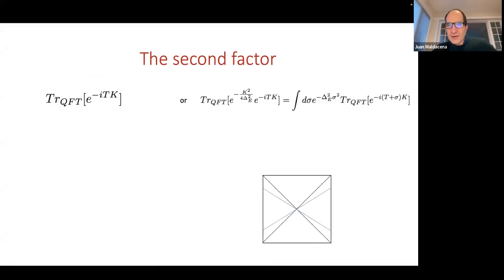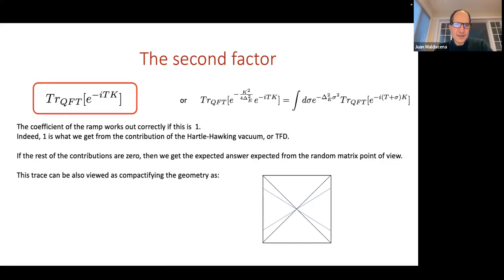So now we go to the second factor, the one that in quantum field theory is roughly the trace of e to the minus i t K. Or if we include the window function, there is some extra correction, but it doesn't make a big difference. So we're going to focus on this part now.